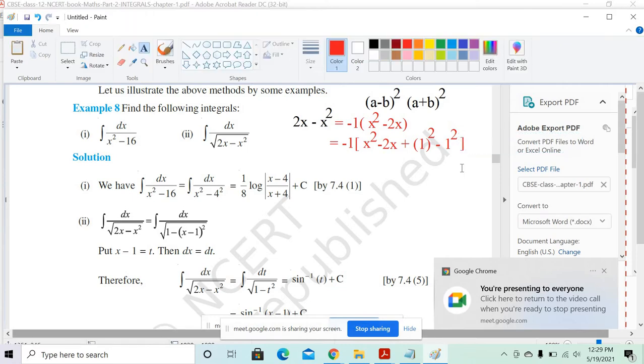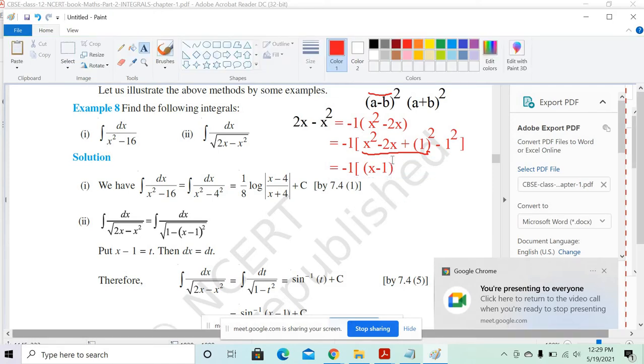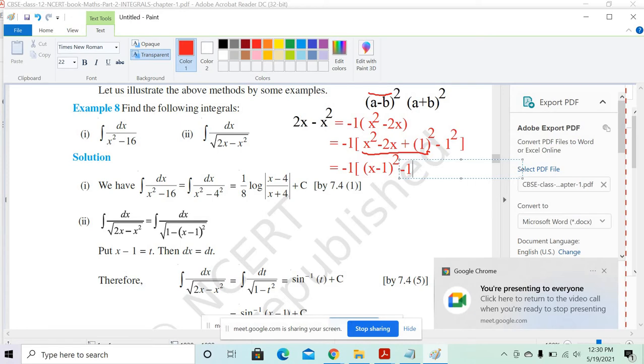Is it fine? Now if we see clearly, x square minus 2x and plus 1 square, I can group together. This becomes the form of a minus b whole square. So we'll write it down here: minus 1 bracket, x minus 1 whole square, and this is minus 1, correct?